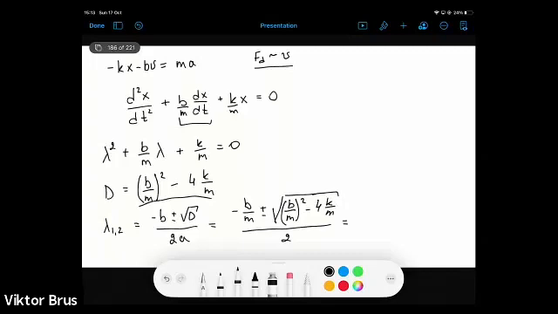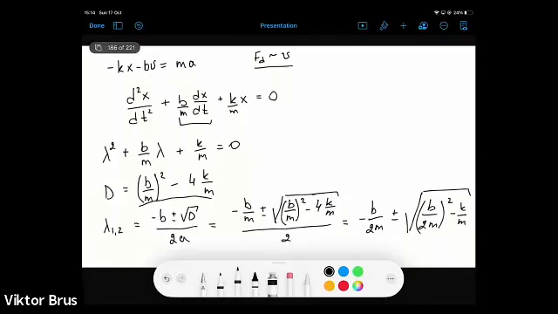If we rearrange the denominator with 2, we can write minus b divided by 2m plus minus the square root of (b divided by 2m) squared minus k divided by m. Okay, so now we have the solutions of our characteristic equation.